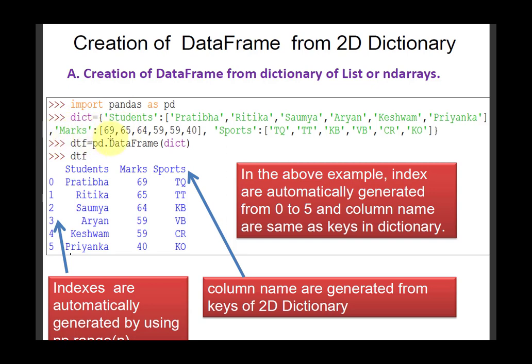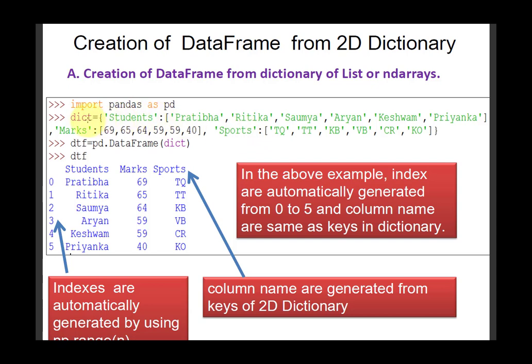There I am assigning all 6 students' marks, 1, 2, 3, 4, 5, 6. So this is once again a key and its value, that is key value. Next key is sports and its values are these. How many? 6.